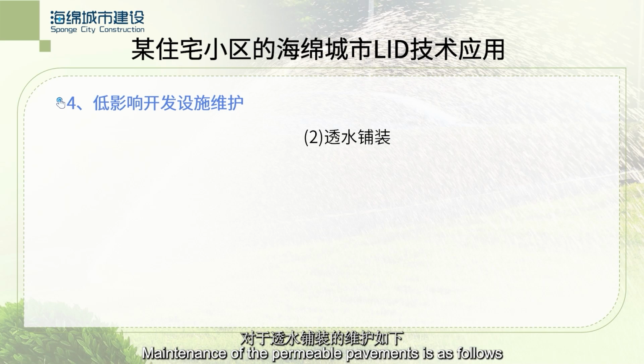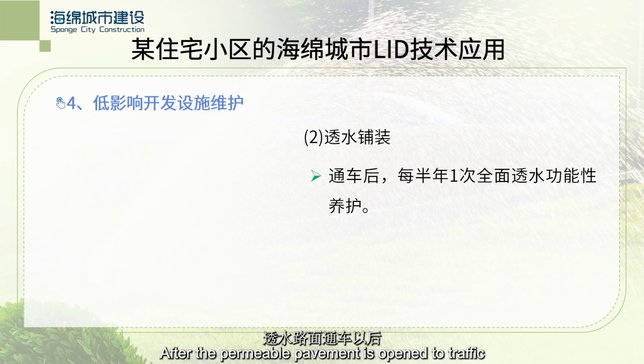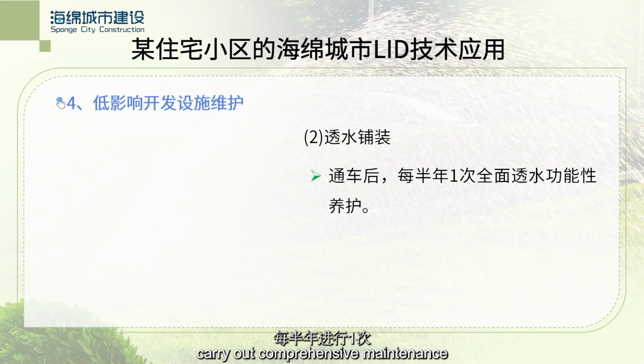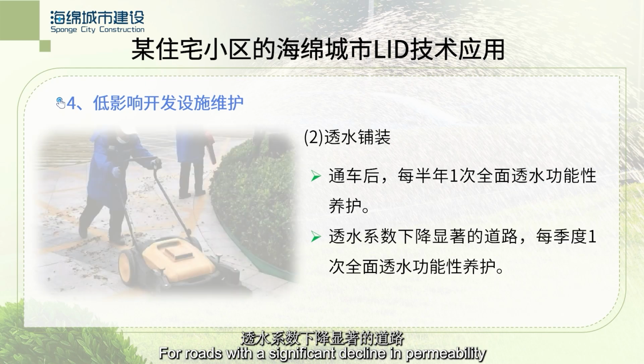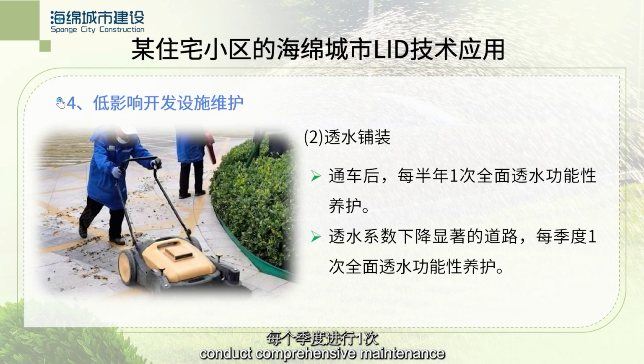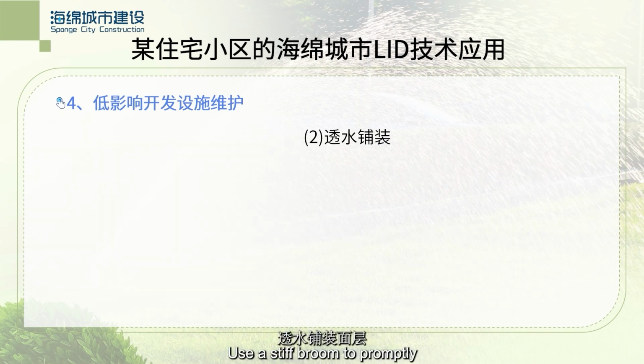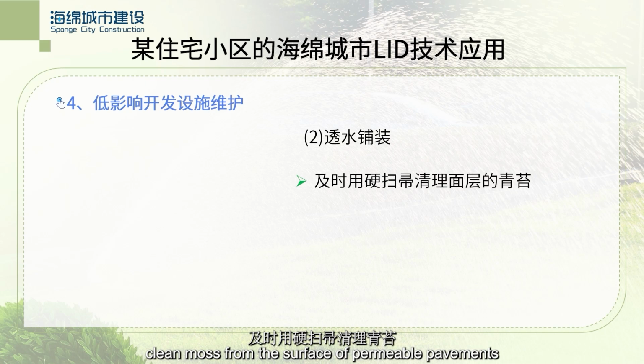Maintenance of the permeable pavement is as follows. After the permeable pavement is open to traffic, carry out comprehensive maintenance of the permeability function every 6 months. For roads with a significant decline in permeability, conduct comprehensive maintenance of the permeability function every quarter. Use a stiff broom to promptly clean moss from the surface of permeable pavements.